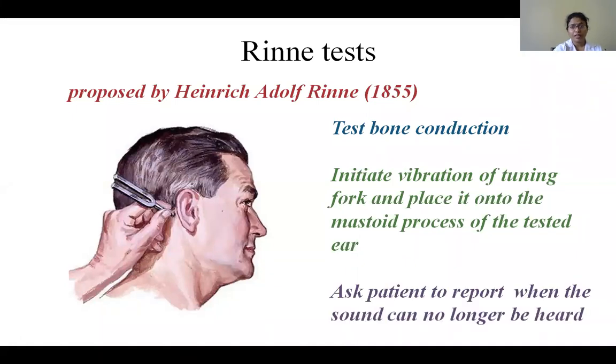So the next instruction is you should ask the patient to report when he no longer hears the sound through bone conduction. So a set of instructions are very, very important here. You should tell that once you start hearing the sound, concentrate on the sound, and once you stop hearing the sound, please indicate that the sound is no longer heard.